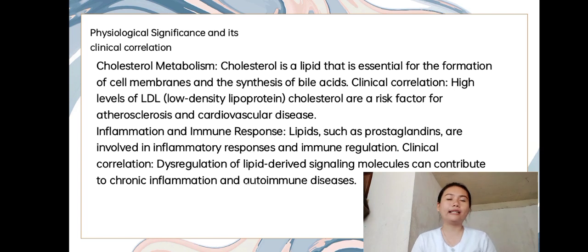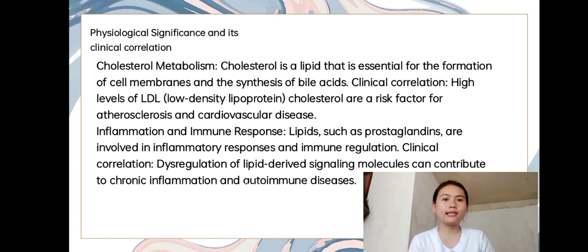Kung kadtong bad cholesterol, if masubraan kadto, you have a tendency to have arteriosclerosis sa imong veins, imong agianan sa imong dugo, dili na maka-run ang blood because nabulit na siya og fats, and cardiovascular disease.